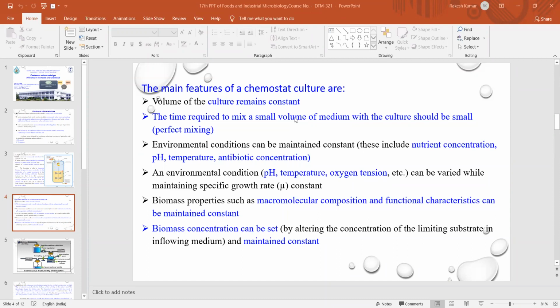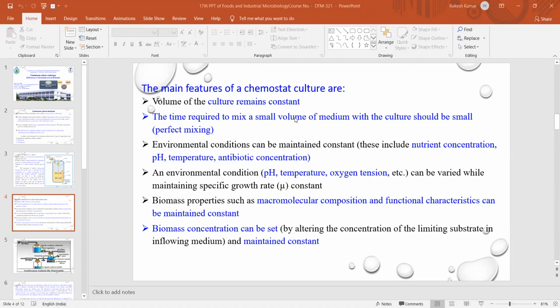An environmental condition can be varied while maintaining a specific growth rate. So growth rate is also a very important criterion, because from the information you are collecting from different devices, you have to maintain a specific type of growth rate inside the chamber.